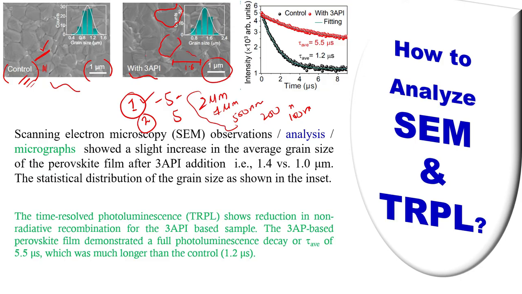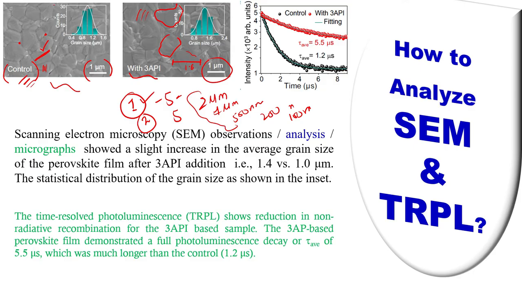So this is one identification that when we add 3API to the perovskite film, the morphology changes significantly. So the grain size changes, right? And if we look here, there are also some holes, and this one is more compact compared to the control one. So we can write it like that.